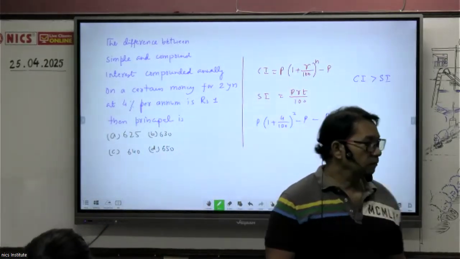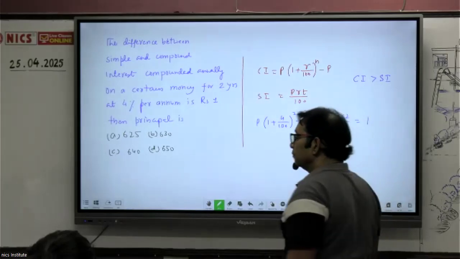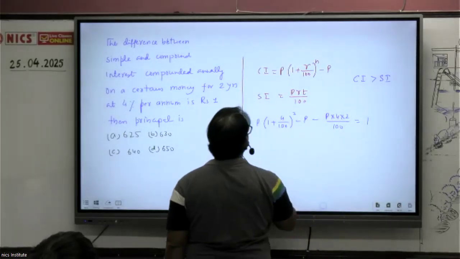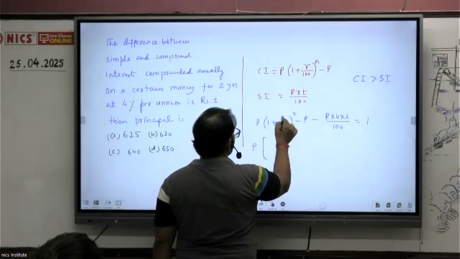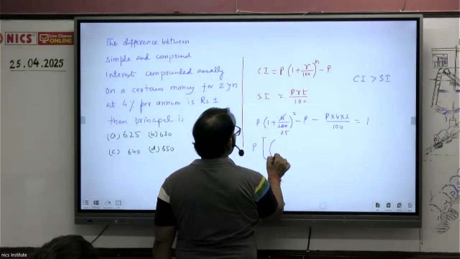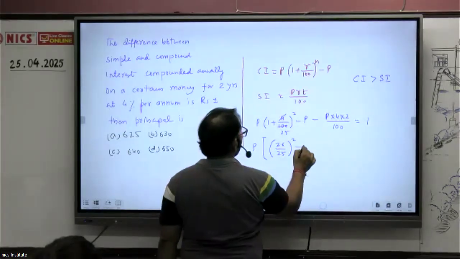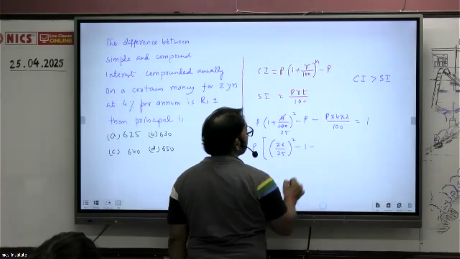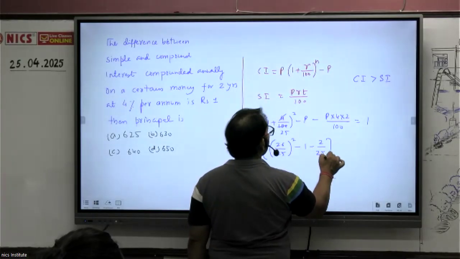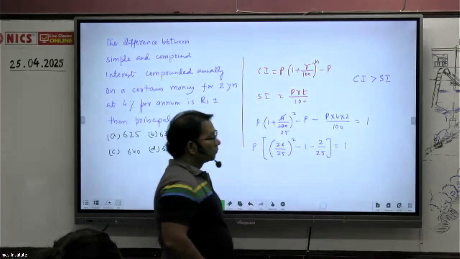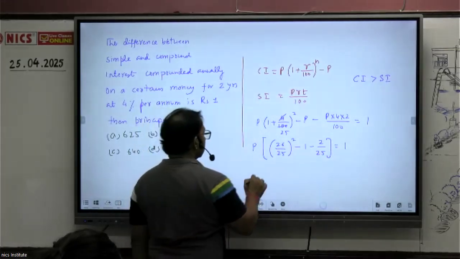Take P common. This is 1 by 25. So 26 by 25 whole square minus 1 minus 2 by 25 is equal to 1. 26 square is how much?